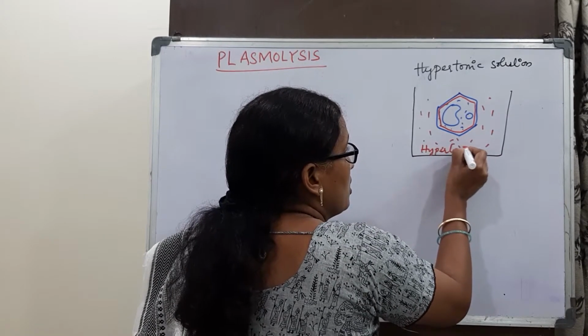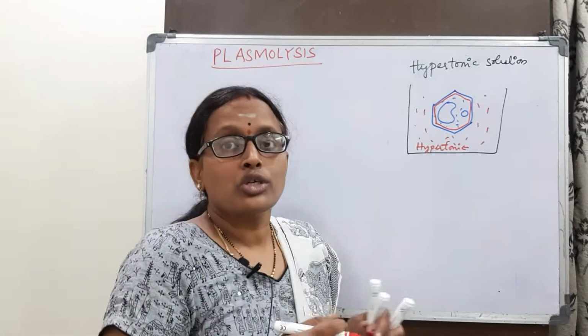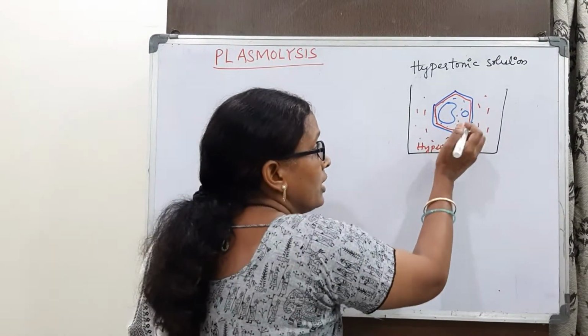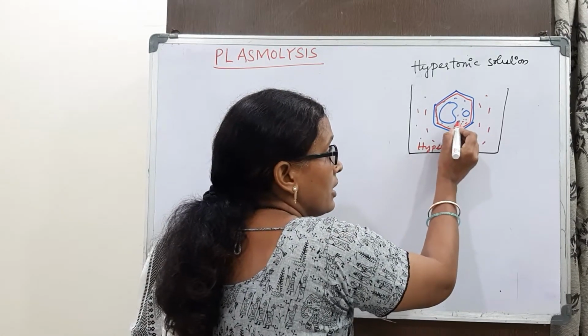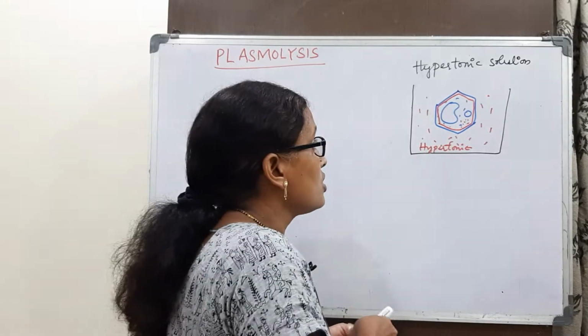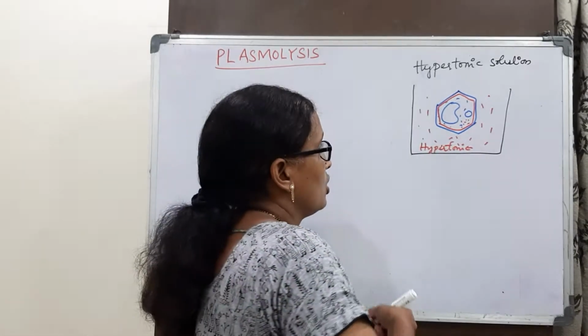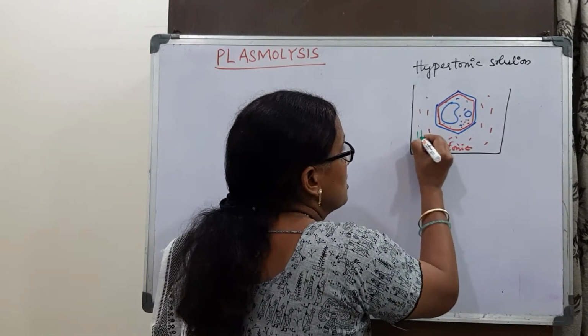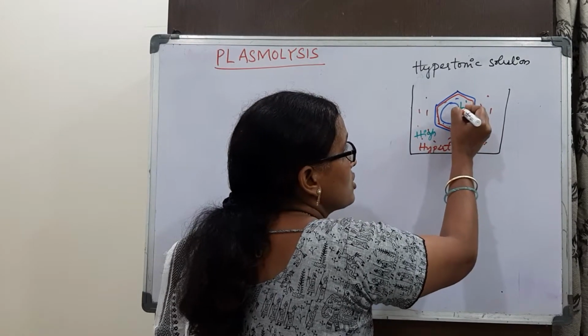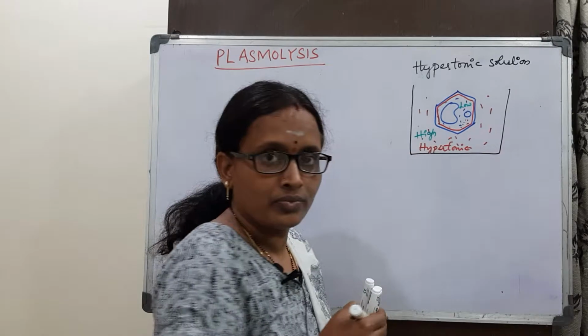Hypertonic. So the concentration of the outside solution is higher than the concentration of the inside cytoplasm. When the concentrations are compared, this concentration is high, and here the concentration is low.